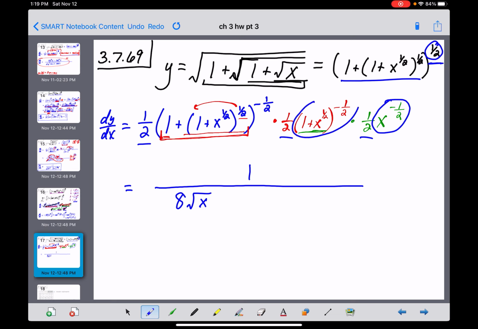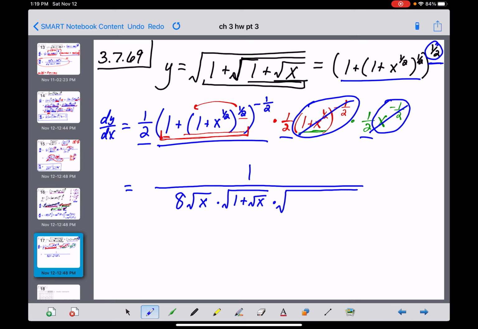Then this quantity right here, since it's also taken to a negative 1/2 power, gives us another square root in the denominator. And it's the square root of 1 plus x to the 1/2, which is the square root of x. So I took care of that. And now I got this whole mess to worry about, which again is something to the negative 1/2 power.